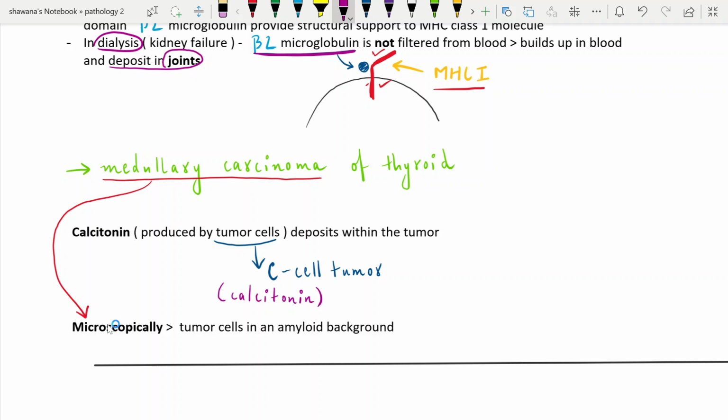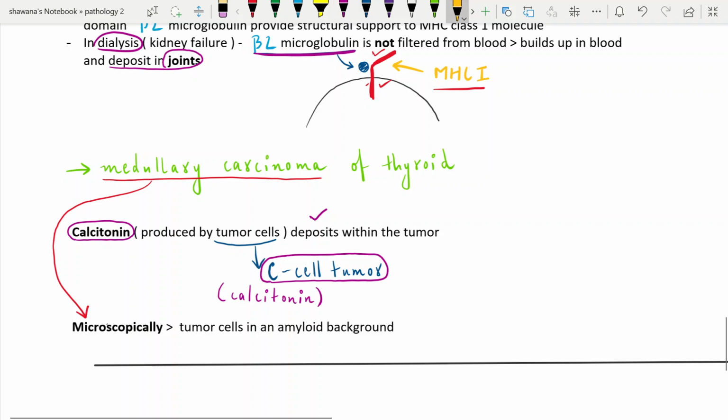The last is the medullary carcinoma of thyroid, in which there are tumor cells that will produce calcitonin because the tumor cell consists of C cells. It's a C cell tumor. The C cell tumor will produce calcitonin and calcitonin will deposit within the tumor.